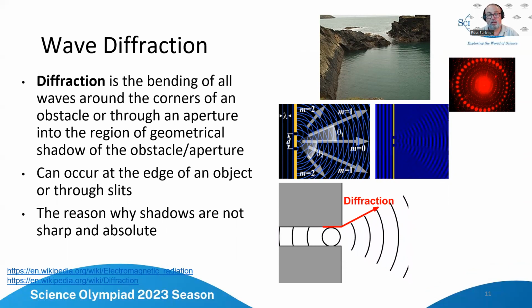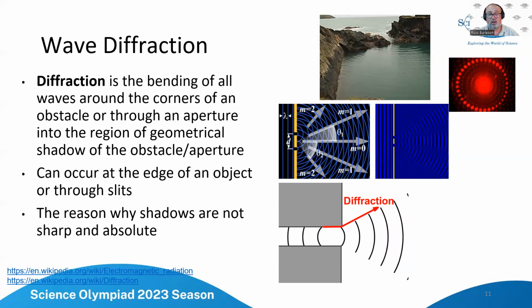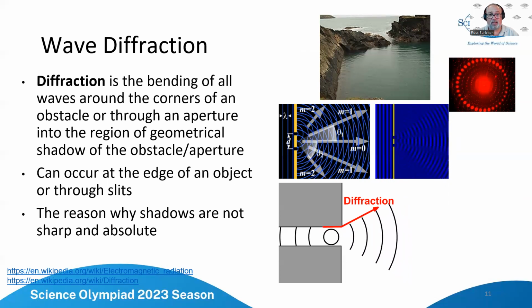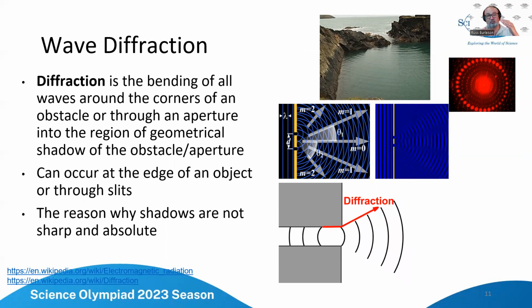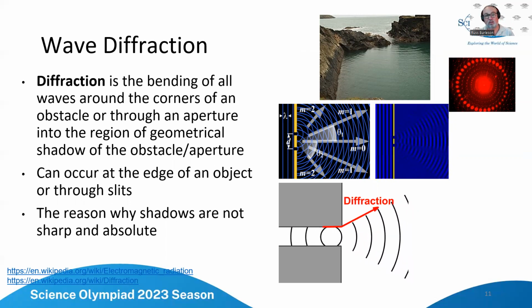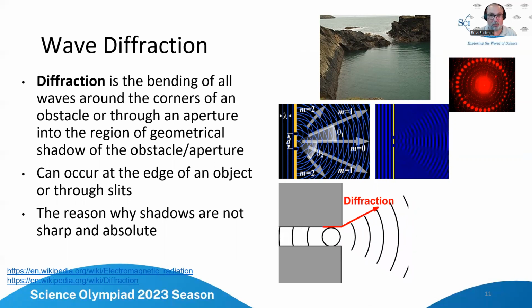Okay. Now, the calculations for this are very, very complex. And so we're not going to do a lot of calculations in this, even at state and nationals. But the thing to understand is that whereas refraction was bending at the interface of two materials, this one is bending around a corner. This is also why shadows are not very sharp.